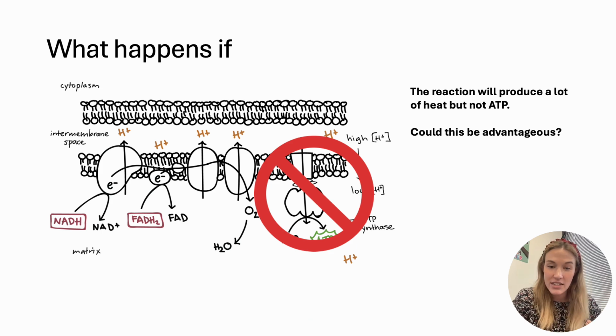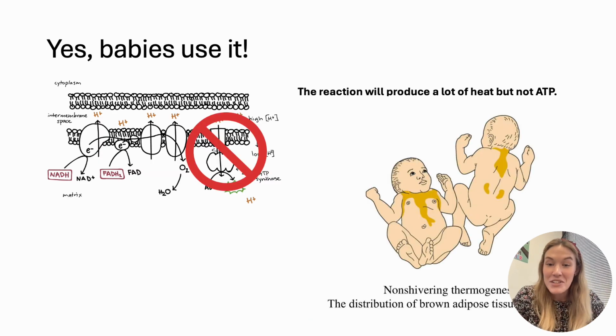That could be advantageous. It's advantageous in babies. You did this, I did this, everybody did this at one point. The babies have a special type of tissue called brown adipose tissue, sometimes shortened to BAT. And these are going to be specialized tissue that uncouple ATP synthesis in the electron transport chain.